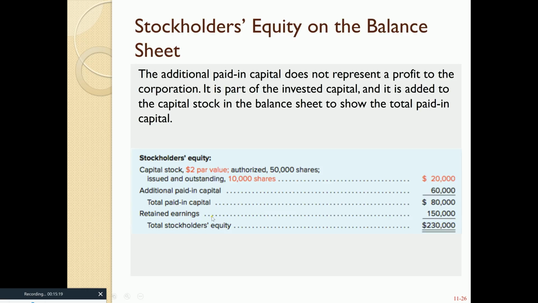They all go into this retained earnings account. The retained earnings plus the paid-in capital gives us total equity. Okay. So this is what the equity section is going to look like. This is going to continue to grow, so don't get comfortable with just it looking like this. We will grow it towards the end of the chapter.